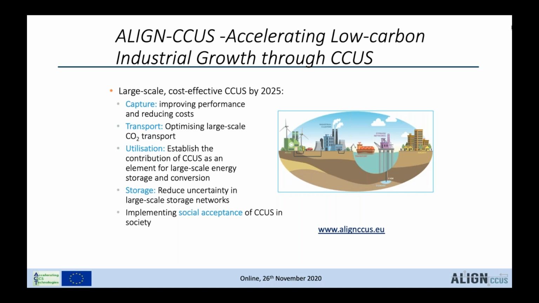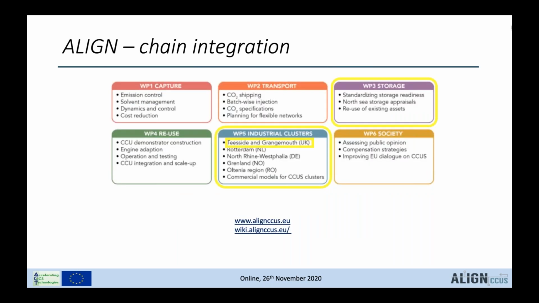Can I have the next slide, please? So ALIGN considers the integrated full chain industrial CCS. Today, our focus is on CO2 storage research, here highlighted in Work Package 3, and its application to the Teesside and Grangemouth industrial sites in Work Package 4.